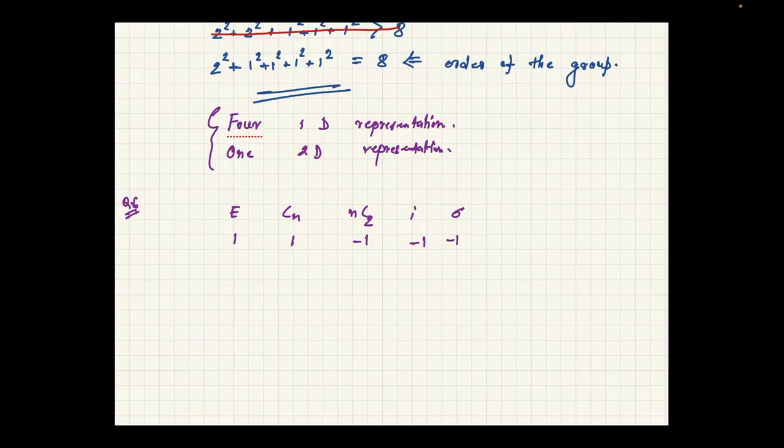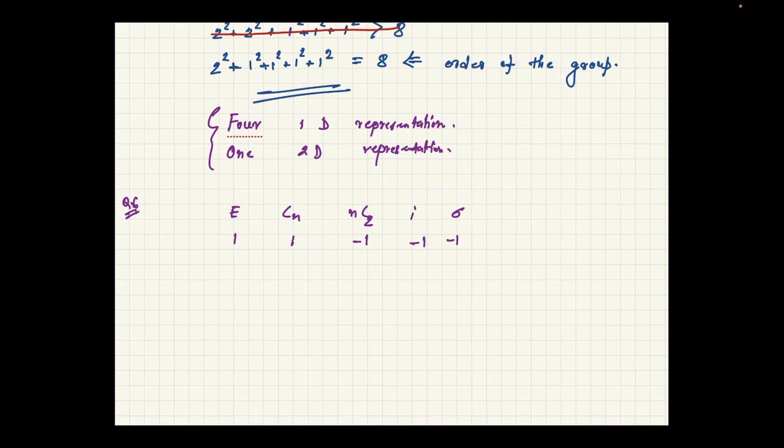Basically, for a particular point group the character table is given and the characters of one irreducible representation are given, and we have to identify the Mulliken symbol.